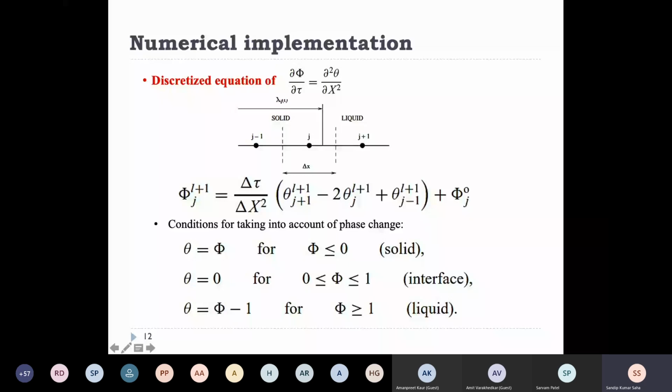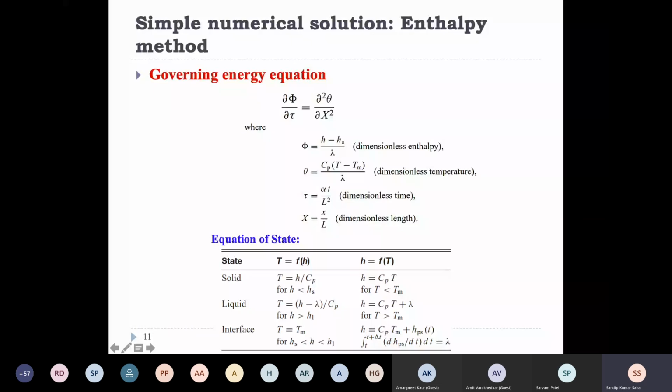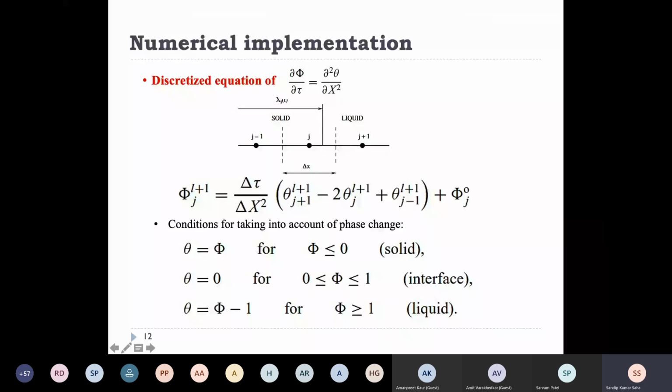So when the phase change is there, as the latent heat content changes value from 0 to 1, because this is a non-dimensionalized value, theta is 0. And similarly in the liquid phase, if you do that small calculation, H equal to Cp Tm plus the latent heat plus the specific heat content in the liquid, then you can easily get the value theta equal to phi minus 1.